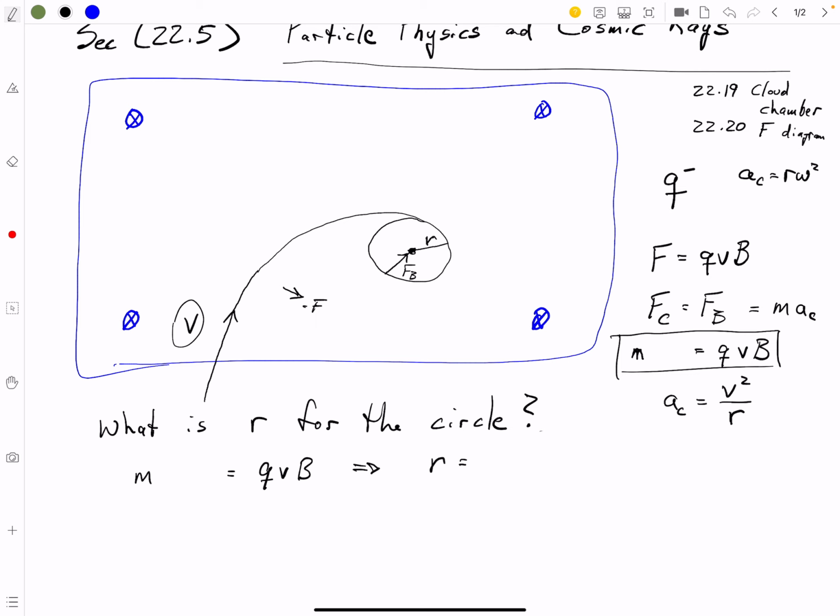We've already got v squared in there. I think it's the right way to go. So m times v squared over r equals qvB. Yeah, this is better. Okay, now let's solve this for r.